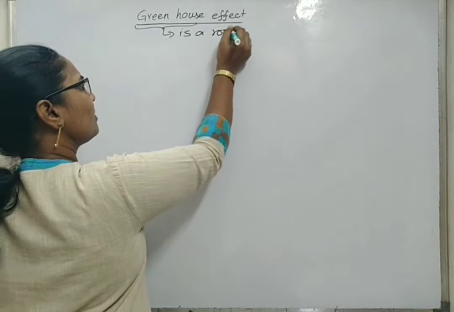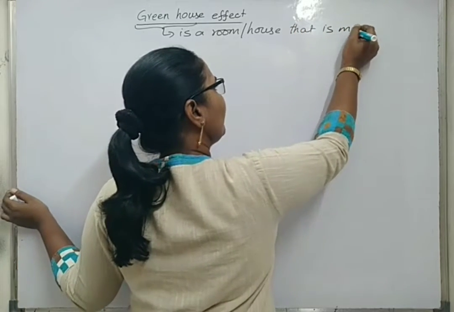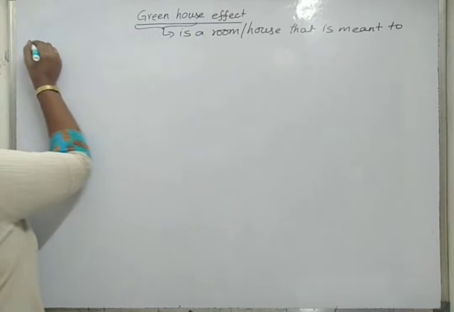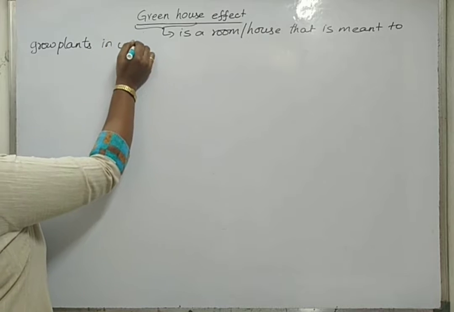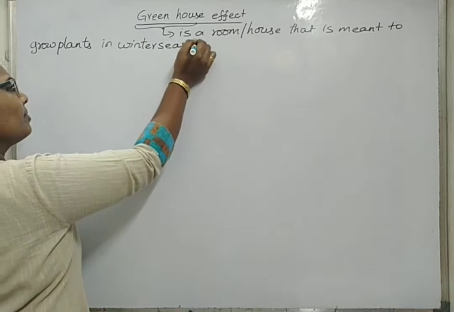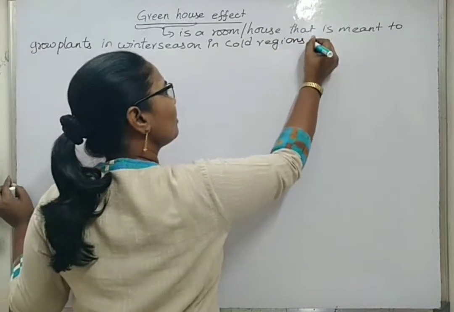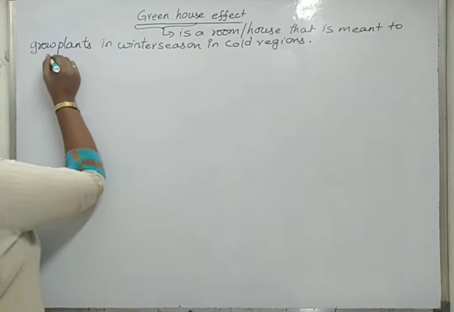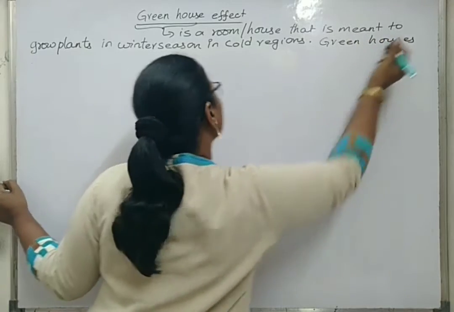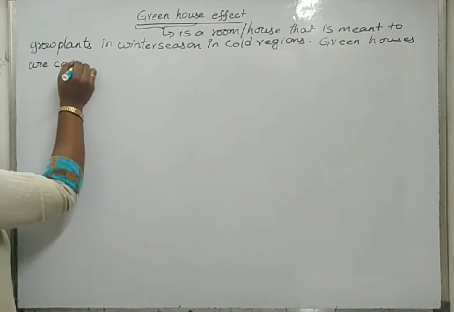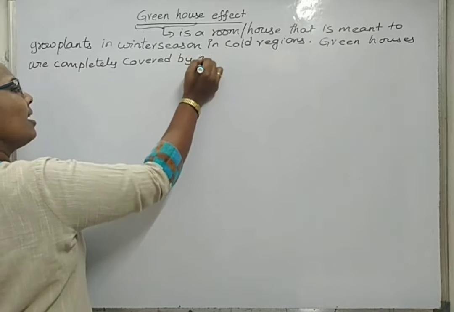A greenhouse is a room or house that is meant to grow plants in the winter season in cold regions. So greenhouses are completely covered by glass panels.